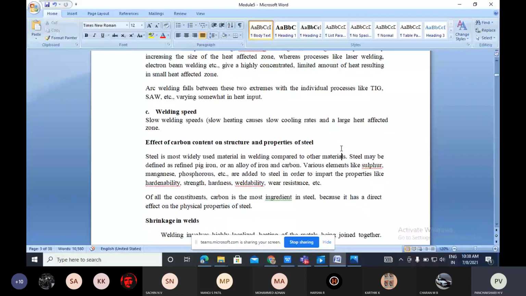Steel is the most widely used material in welding compared to other materials. Steel may be defined as pig iron or cast iron with other elements present, sulfur, manganese, phosphorus, etc. They are in the smallest amounts. Okay. Of all the constituents, carbon is the most important ingredient in steel.